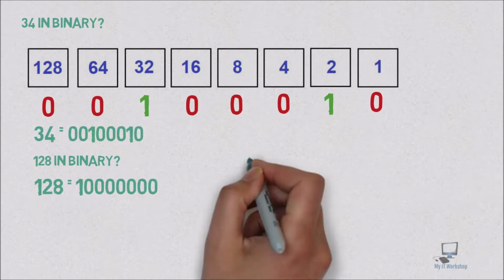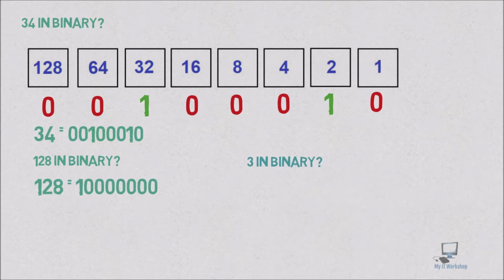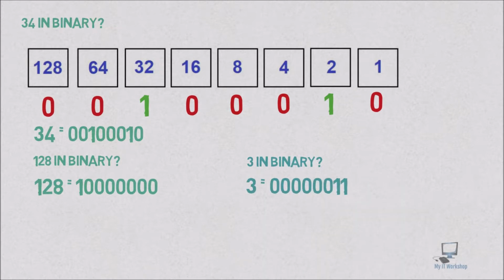Let's try a smaller number, 3. Can you tell me? Okay, let's see what we get. Do you think I'm going to need 128, 64, 32, 16, 8 and 4? No, it's going to be 6 zeros followed by 2 ones. So number 3 is equal to that amount.